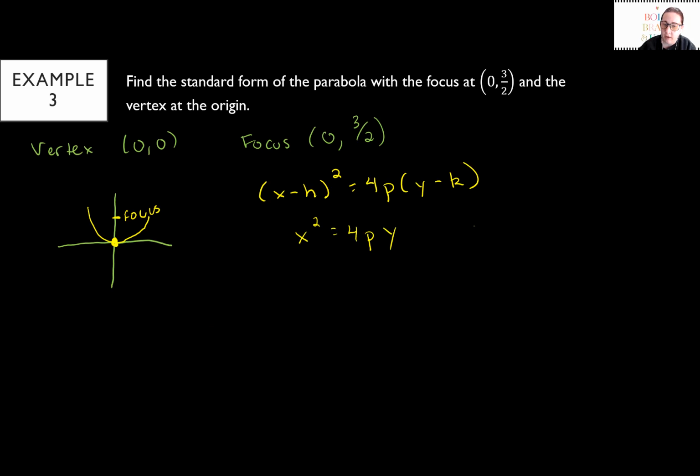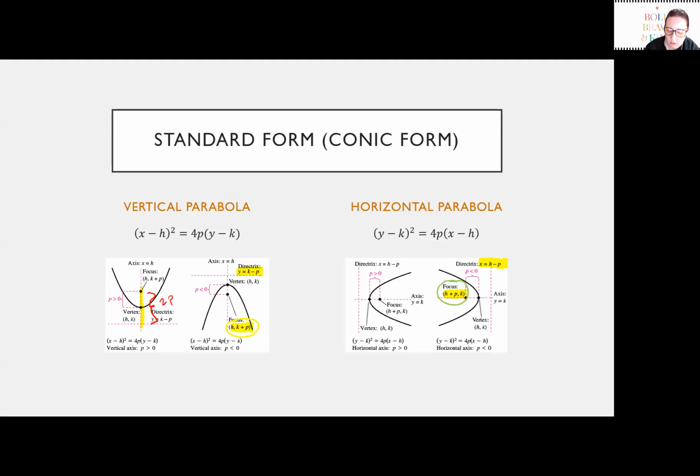So we need to find what p is. And so I'm going to go back to our picture here. So p is the distance between your vertex and the focus, which when the vertex is 0 is actually really easy to solve. But I always look at that ordered pair that we're having. It's k plus p from that focus.